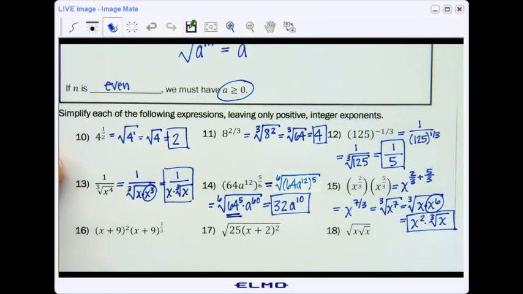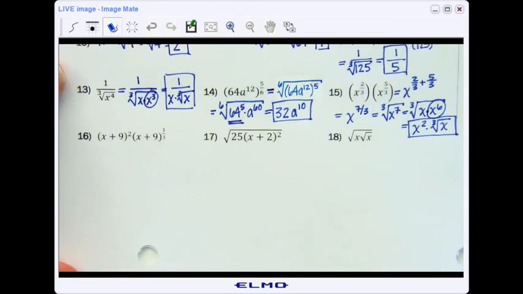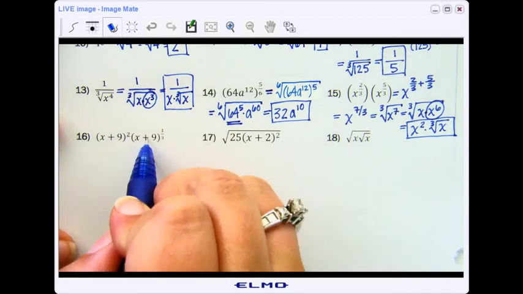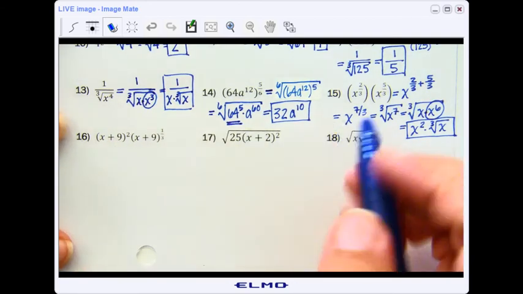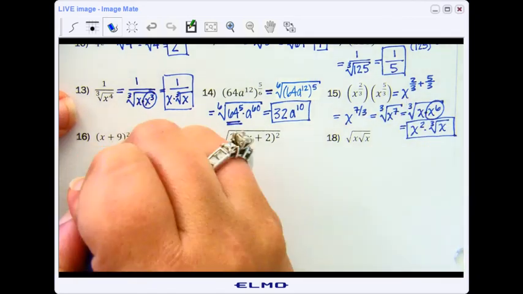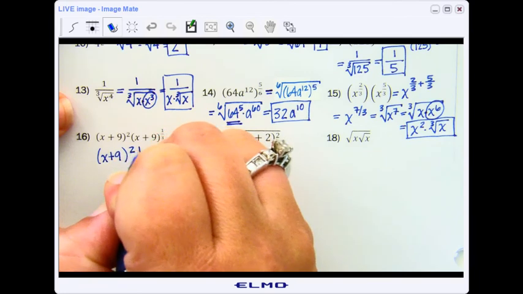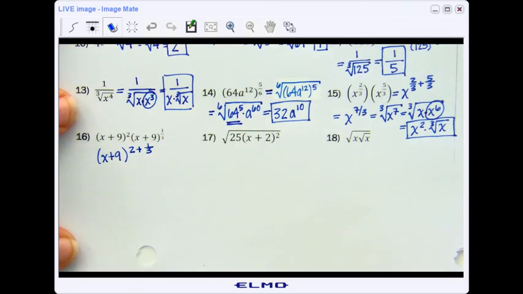In number 16, even though your expressions get complicated, you still work with them using the foundational rules for exponents. I'm multiplying two terms together, so that means I will add the exponents together. So this becomes x plus 9 to the 2 plus 1/3 power.